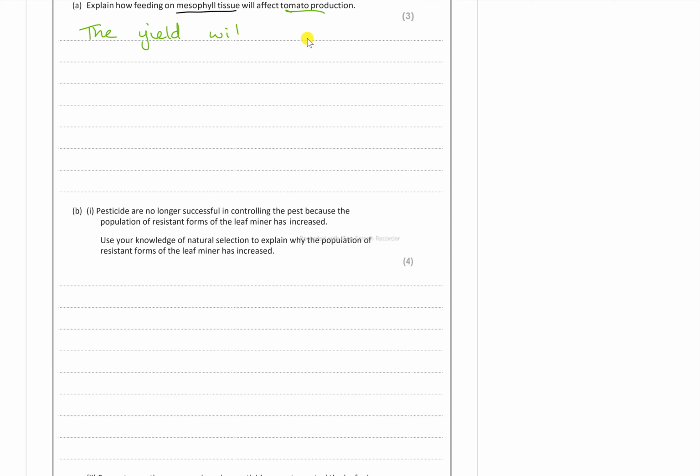The yield will decrease. Done. Why? The chloroplasts will be damaged or eaten away.